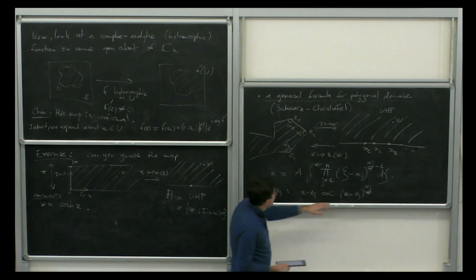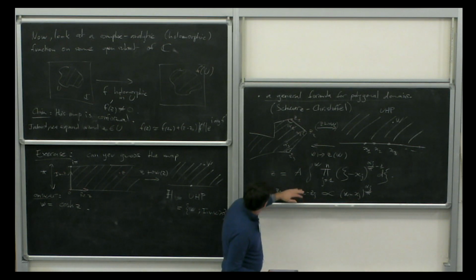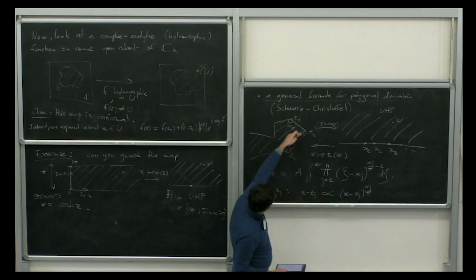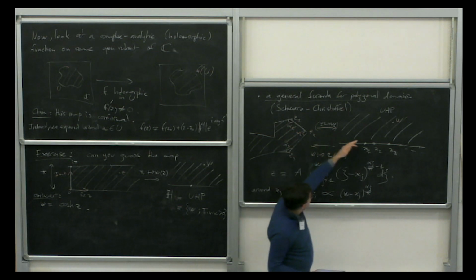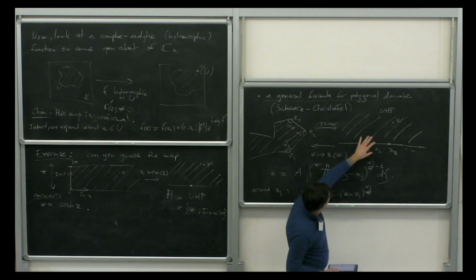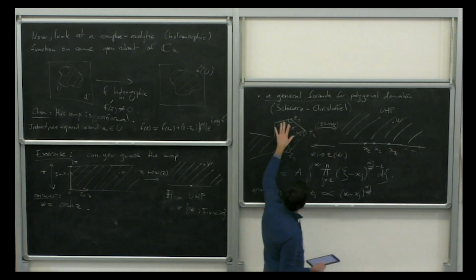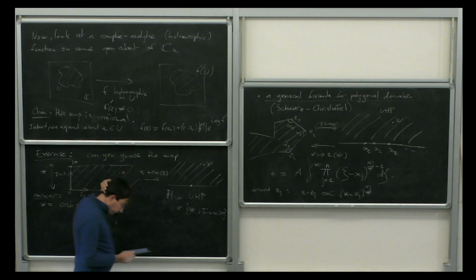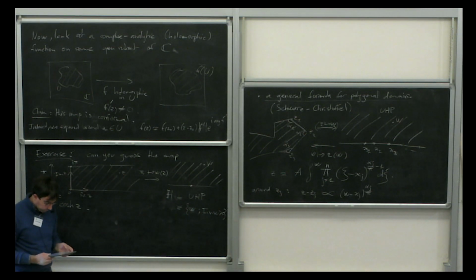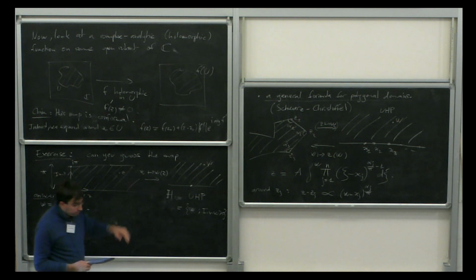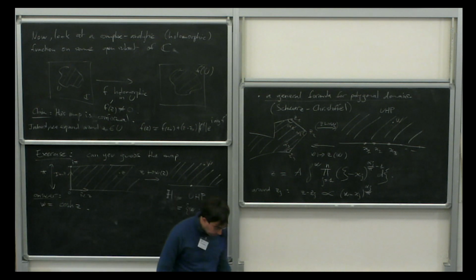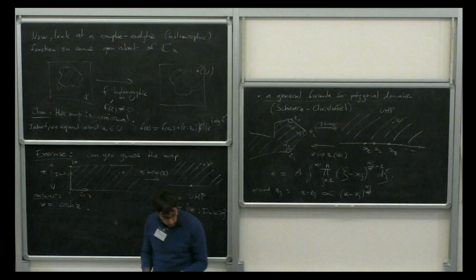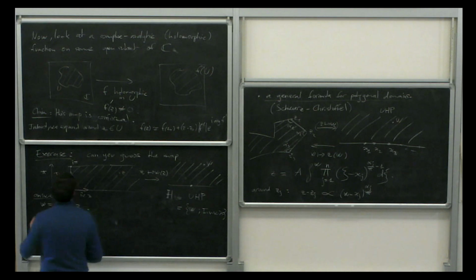And that's exactly what you need in order to map the upper half plane to a corner with internal angle alpha j. So that's one general result. We'll see even more general results later.